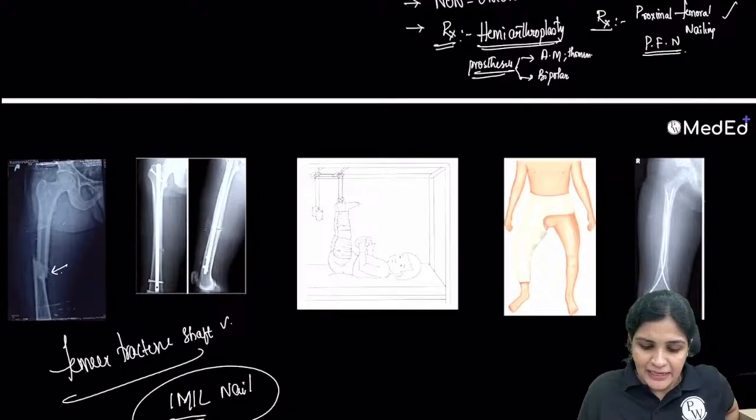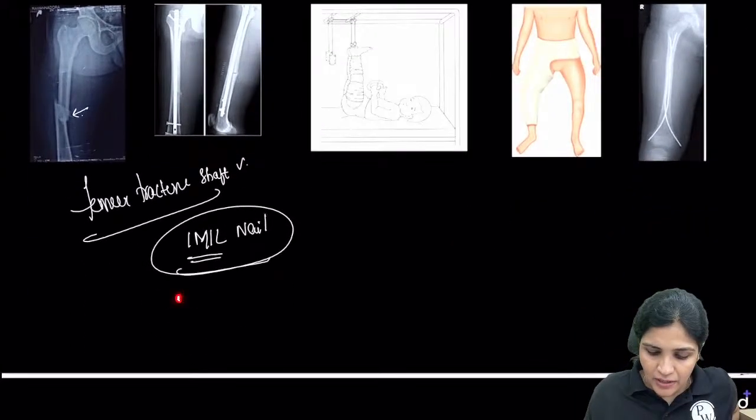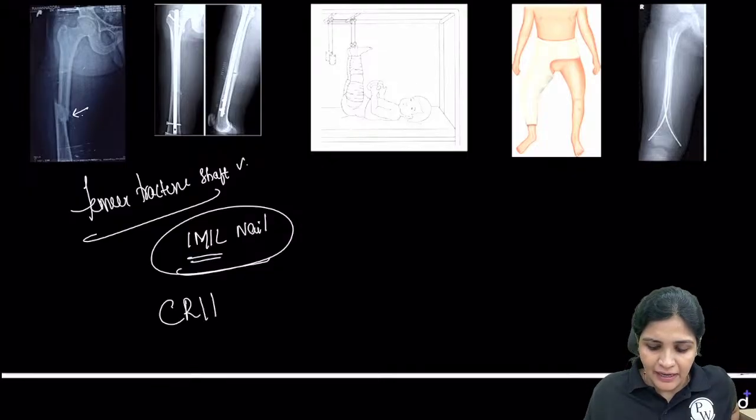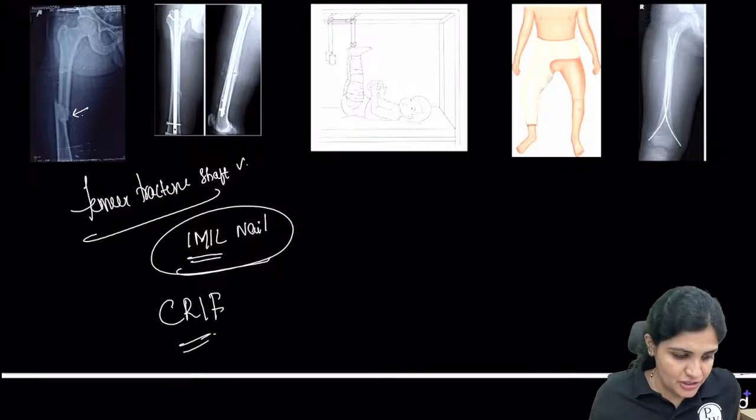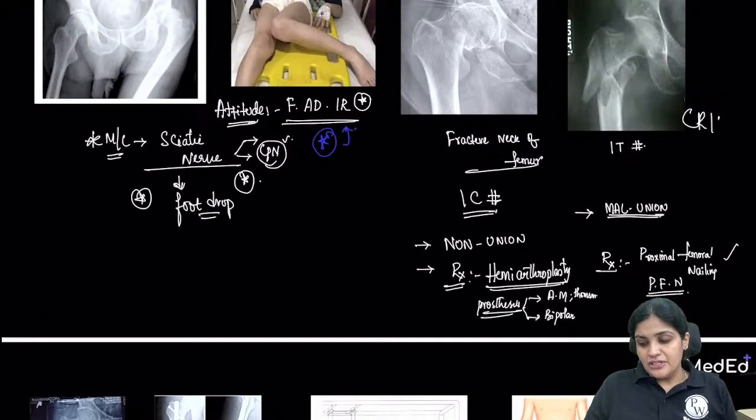So here there is nothing in the head, no screw in the head. So only an intramedullary interlocking nail. Dr. Raj, you can call this closed reduction internal fixation because usually for this shaft we will try closed reduction. And this also you can call closed reduction internal fixation.